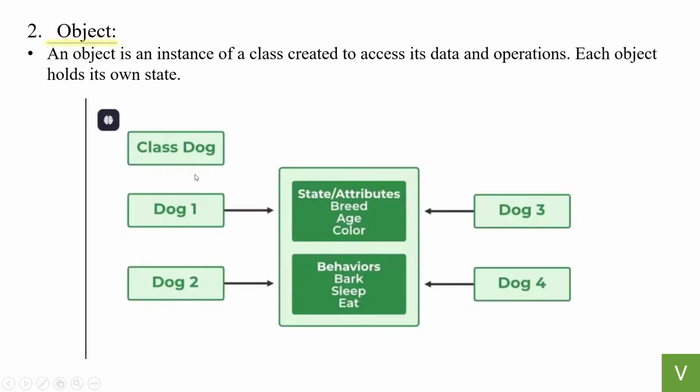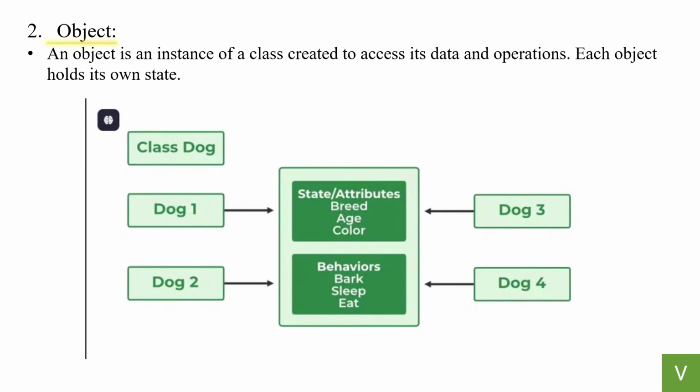Similarly, let us consider another example. We have a class called dog. Using that class, we created four different objects: dog one, dog two, dog three, dog four. Each has its own values. So basically, you must understand that whenever a class is created, memory is not allocated for that variable.